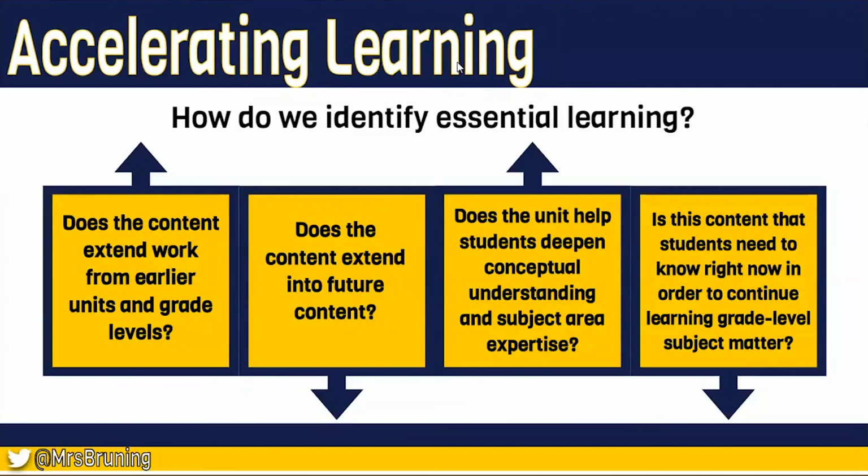Does the unit help students develop deep conceptual understanding and subject area expertise? The area model progression essentially is learning conceptually before procedurally. Is this content that students need to know right now in order to continue learning grade level material? Asking these questions will help you determine the significance of your lesson and identify key instructional priorities for accelerating learning.